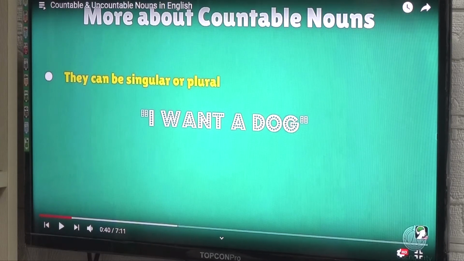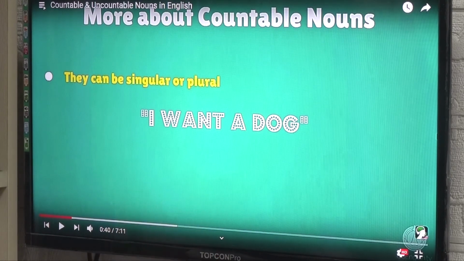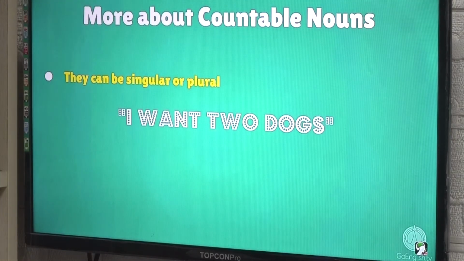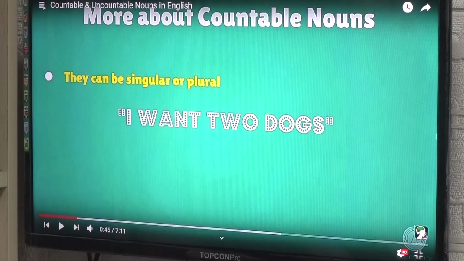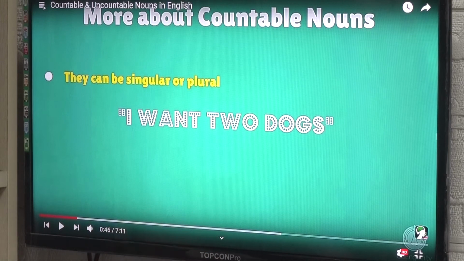So it can be a countable noun. It can be used in singular. I want 2 dogs. This is also countable because they can be both singular and plural, all right?